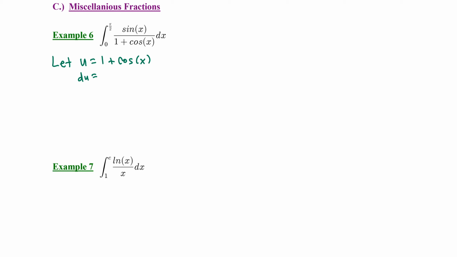Differentiating the left side with respect to u and the right side with respect to x. The derivative of 1 is 0. The derivative of cosine of x is negative sine of x dx. Now, to make this easier to see, I'm going to take one step. You can skip this step if you're with me. I'm going to split up this fraction so you can see where each piece lands.